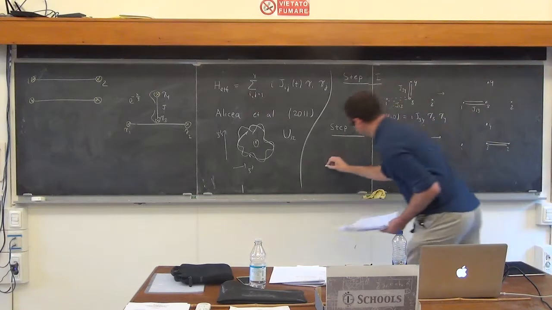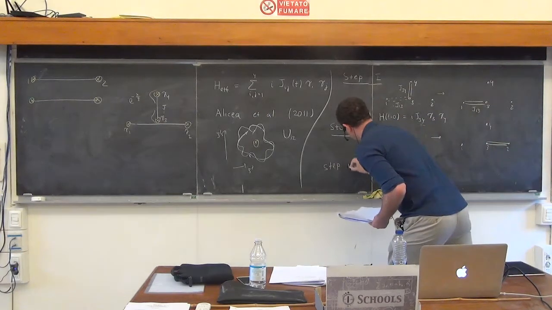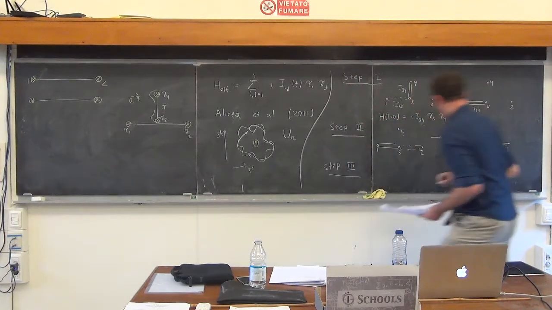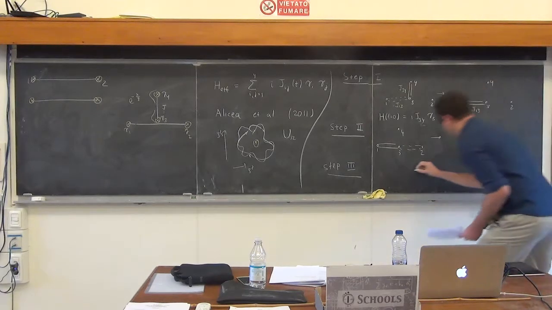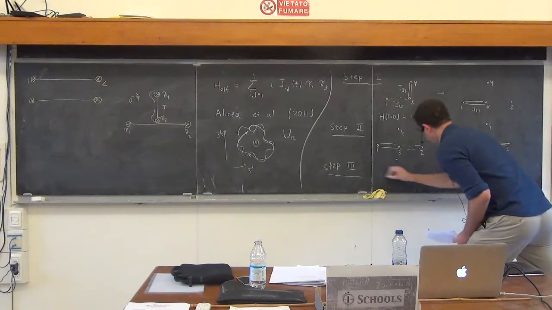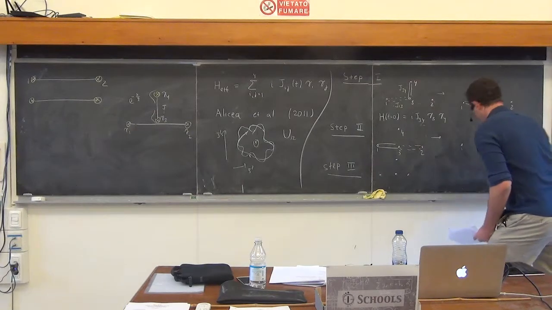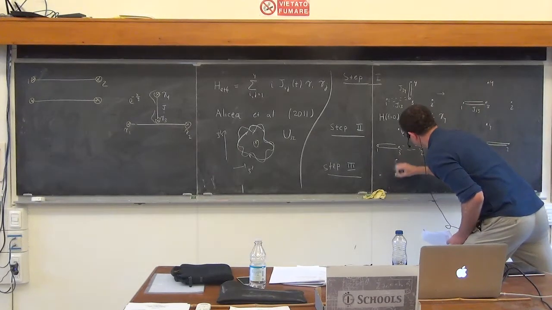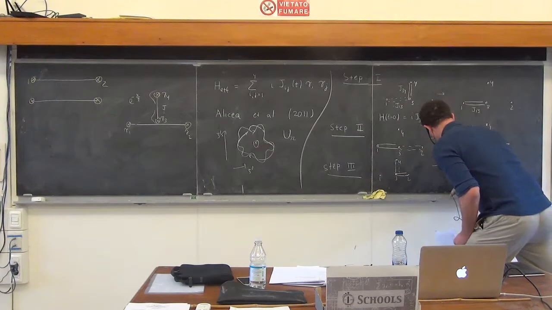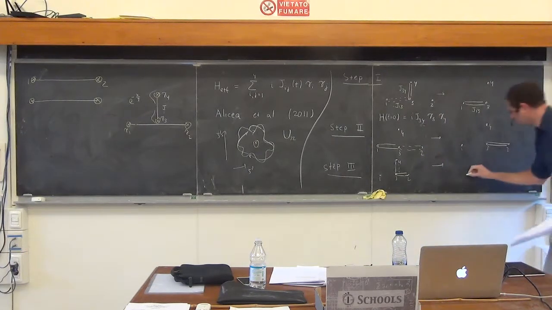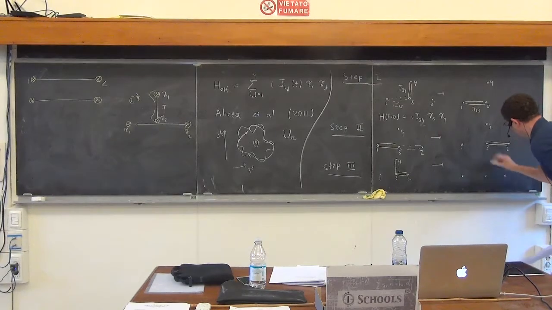And then in the last step, step number 3, I'm going to start turning 3 to 4 back on. I turn on 3 to 4 gradually, and by the end of this third step, I go back to the same Hamiltonian that I started from, such that 3 to 4 is turned on.